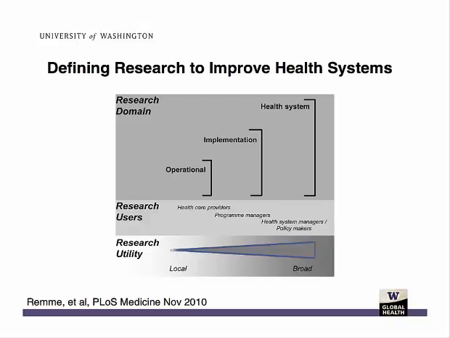So you could think of, as an example, whether the removal of user fees leads to a higher utilization of primary healthcare services and better financial risk protection amongst the poor and marginalized populations. And so it's really the broadest level of evaluating impact using data that tends to be secondary data.